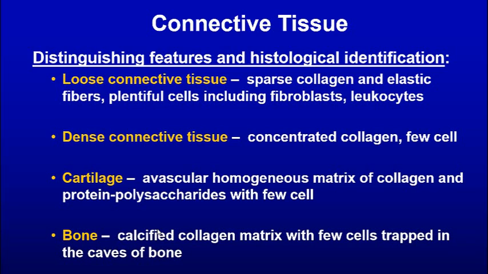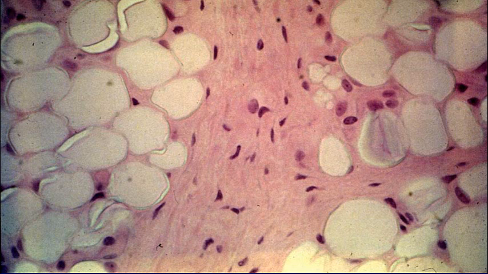And cartilage is an avascular type of connective tissue, and that is at the end of bones. And it's also the skeleton of you as you were early in the embryo. And then there's bone. Bone is calcified matrix that we see. So all these are connective tissue. Here we see some nuclei of fibroblastic cells.